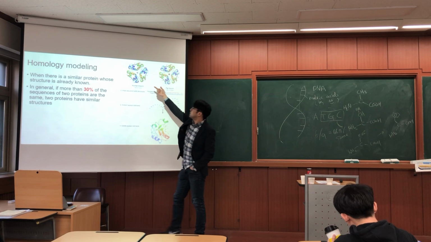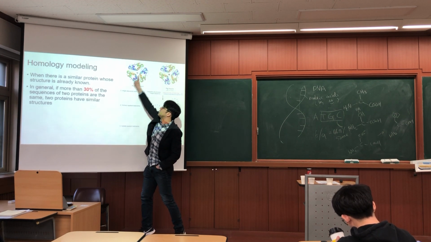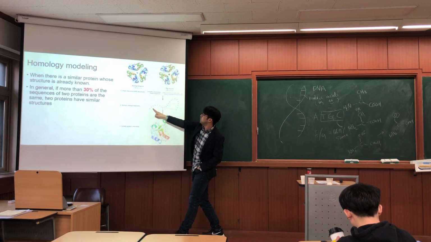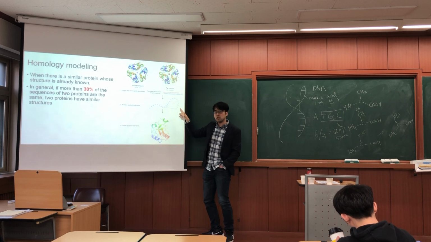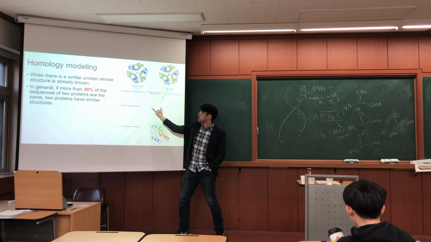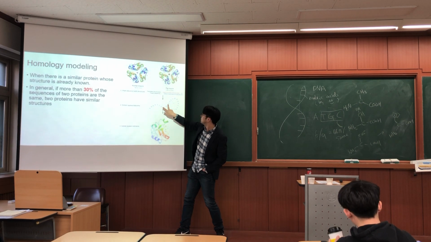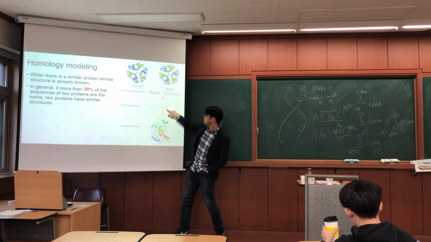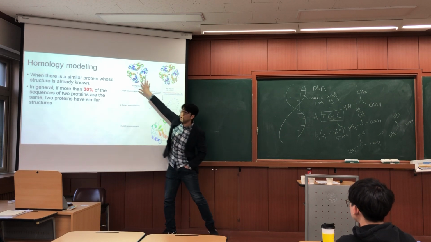If we know the template, we can calculate the distances between residues. Even from a fully extended chain, we can obtain information about distances between amino acids, like this distance should be about 10 angstrom, or this one about 5 angstrom, or this one about 12 angstrom, from known structures.